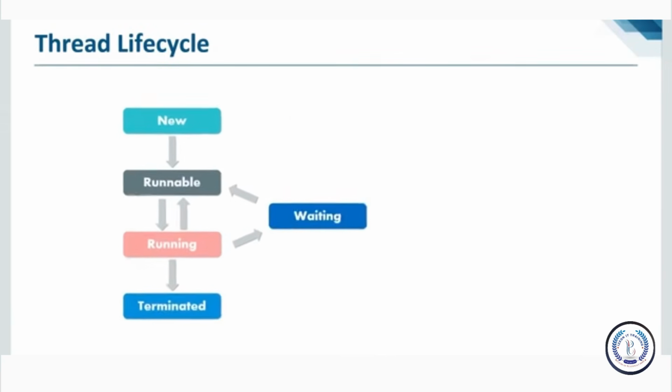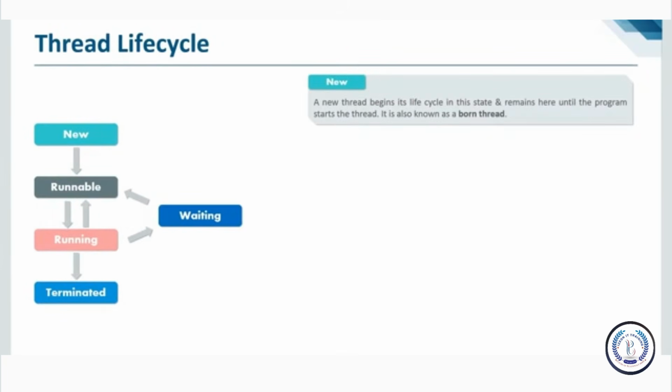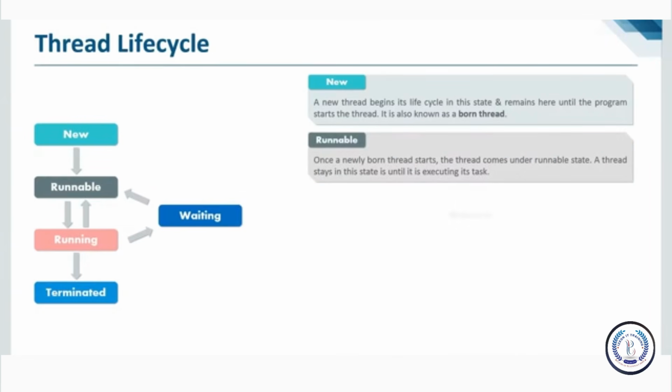So let us have a look at the individual states. What exactly is each state? Having a new state means that we are going to initiate a new object of a thread. You can even say that the thread is just born. It's just like creating an object of a thread in memory. Thereafter, once a thread is created, we start the thread.